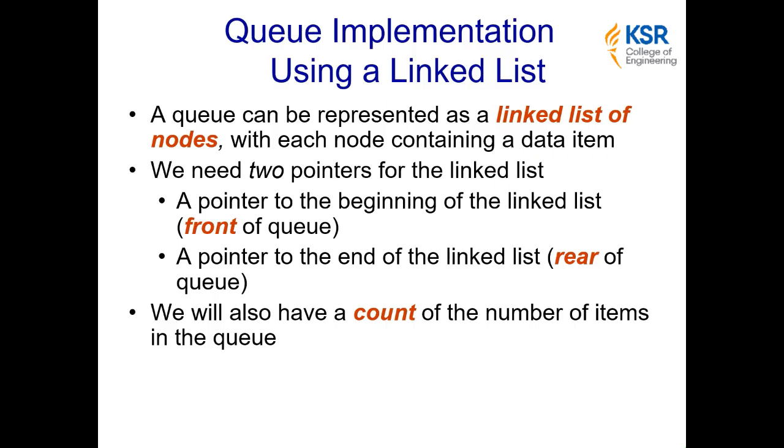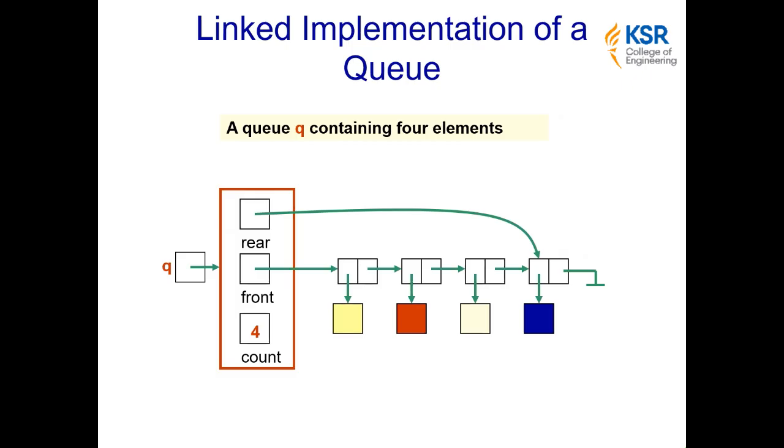Let me see the linked list implementation of the queue first. Here is a queue containing four elements, as a linked list implementation. There will be a data field and then a next field.